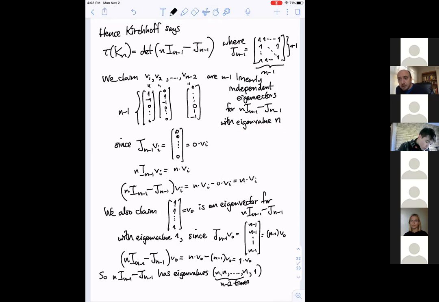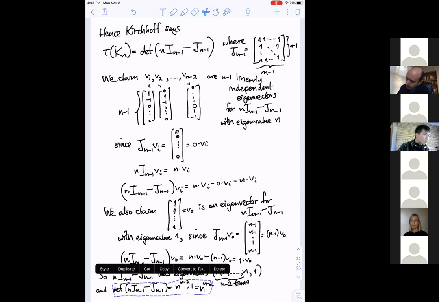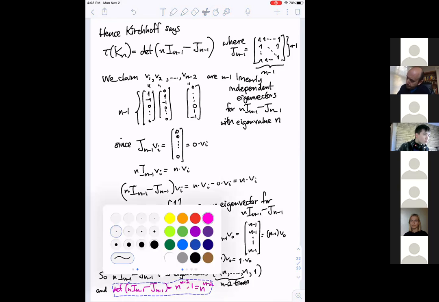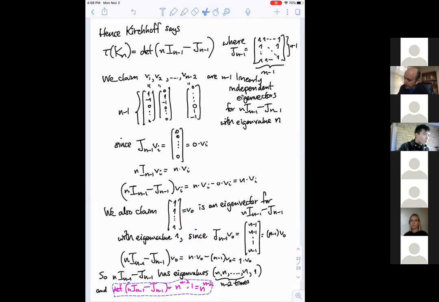And so its determinant is the product of those eigenvalues with the multiplicities. That's the Borchardt-Cayley theorem. Right, it came from these n's.